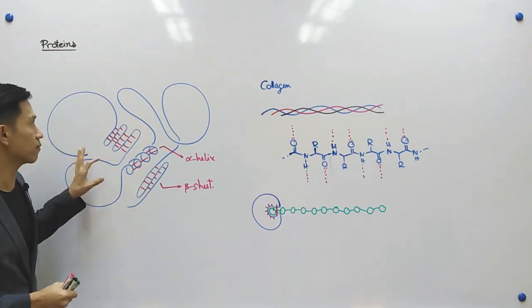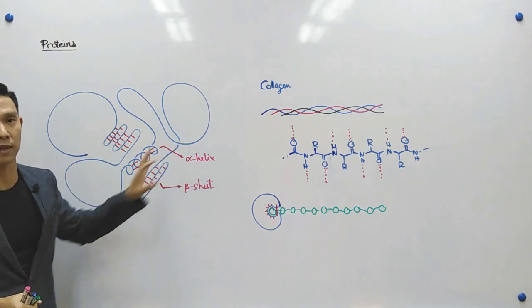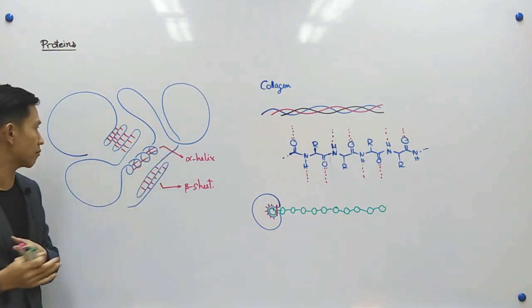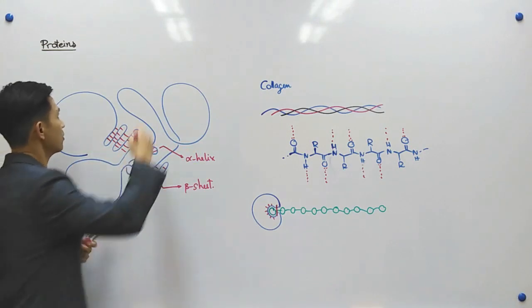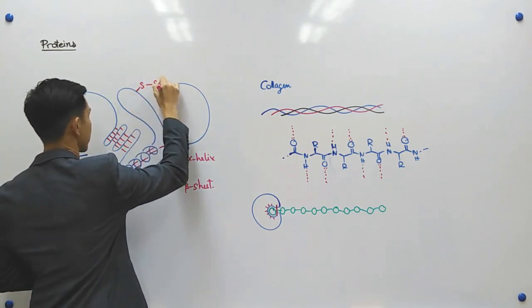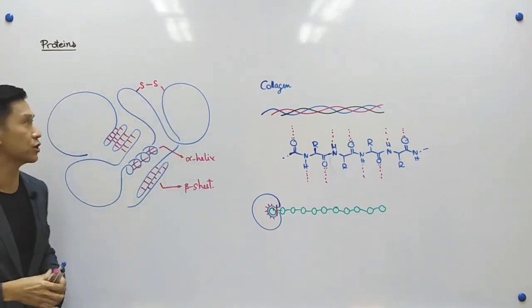But we also have some other intermolecular interactions or chemical bonding here. For example, you may have the disulfide bond, which I already introduced to you.